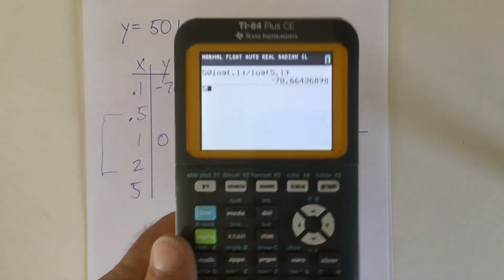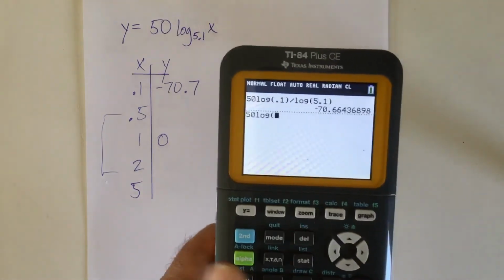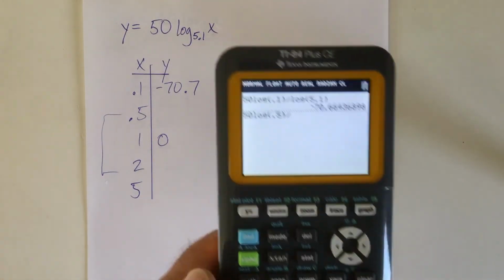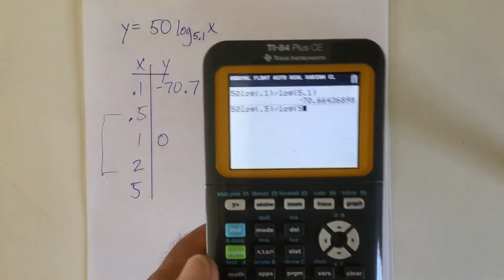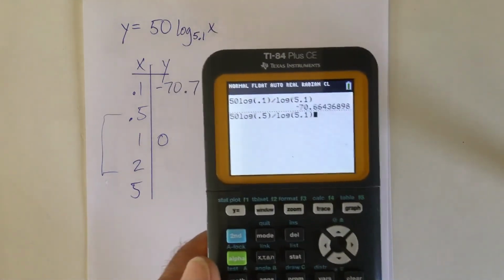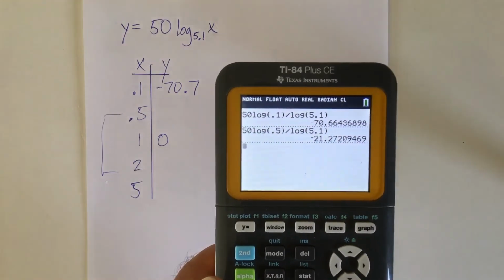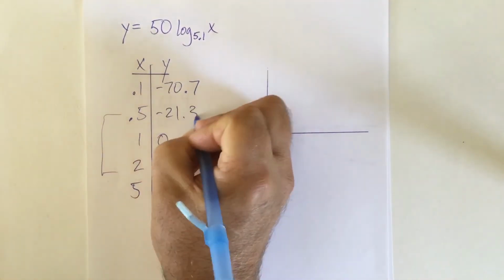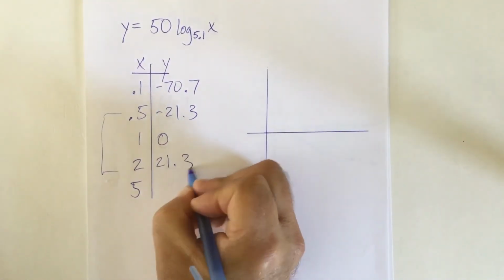Then I do 50 times the log of 0.5 divided by log of 5.1, again to trick my calculator into that base. I get negative 21.3.